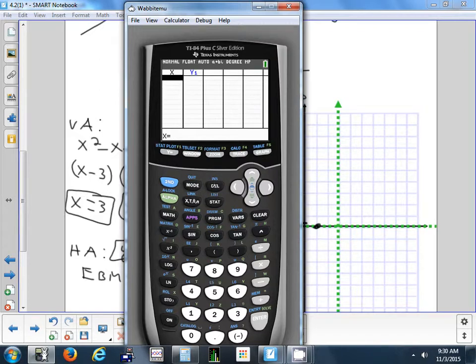Where was one of our vertical asymptotes? 3. All right, so we're going to check in our table what happens when we plug in numbers very close to 3, just a little bit above it and a little bit below it. Somebody give me a number that's just a little bit lower than 3. 2.99, perfect.